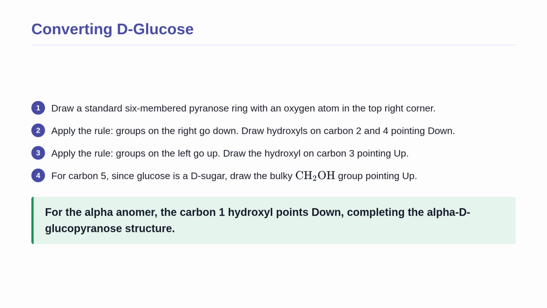Carbon 2 and 4 have groups on the right, so they point down. Carbon 3 has a group on the left, so it points up. For carbon 5, because it is a D sugar, the bulky CH2OH group points up. Finally, for the alpha form, the carbon 1 group points down, giving us our final structure.